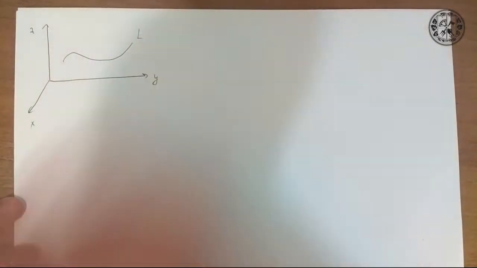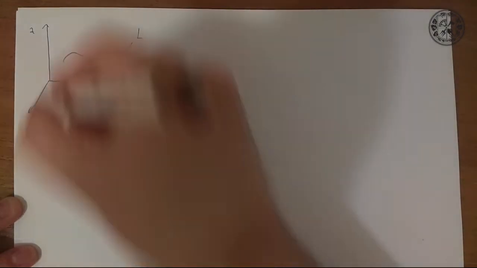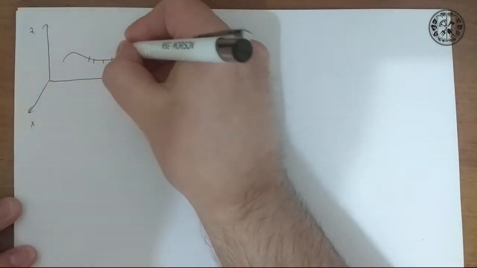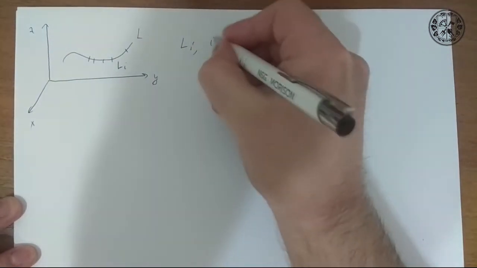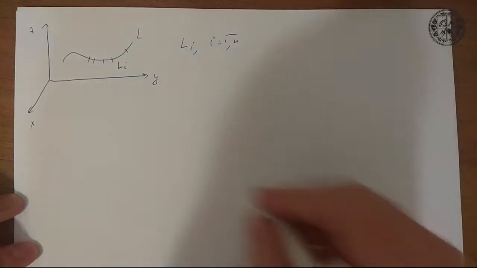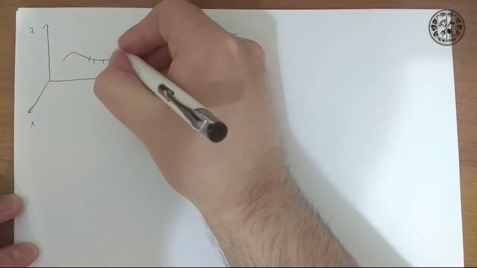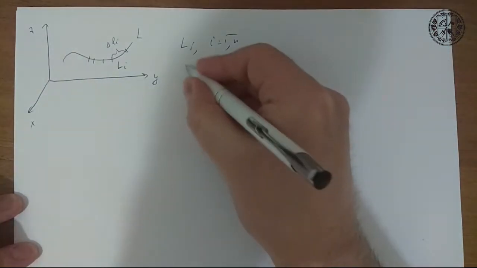So we have curve L, and we split this curve into n pieces, Li, i is from 1 to n. And length of this element will be delta Li.